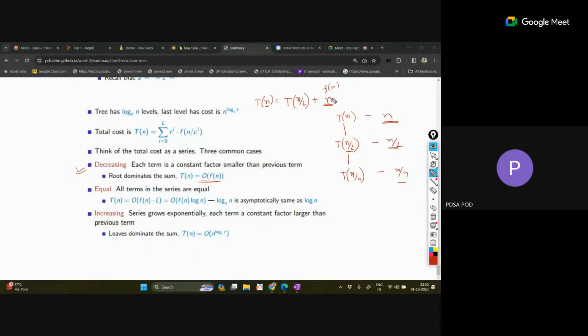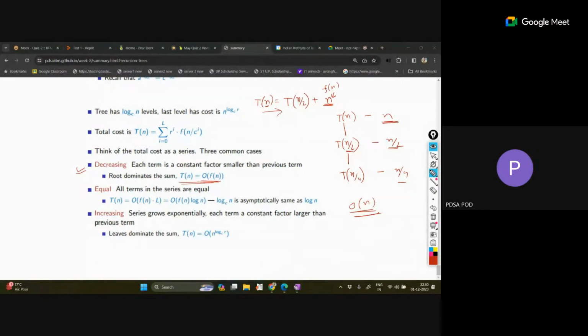This one, n. So the complexity is big O n. If our steps are decreasing by some fixed factor at each level, we can directly write the complexity using this. So this is the decreasing case.